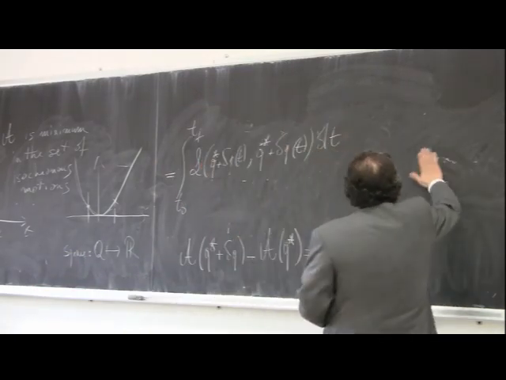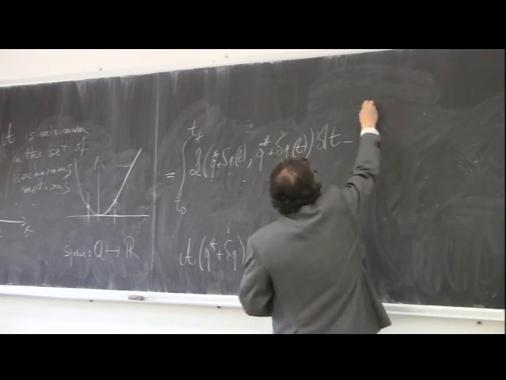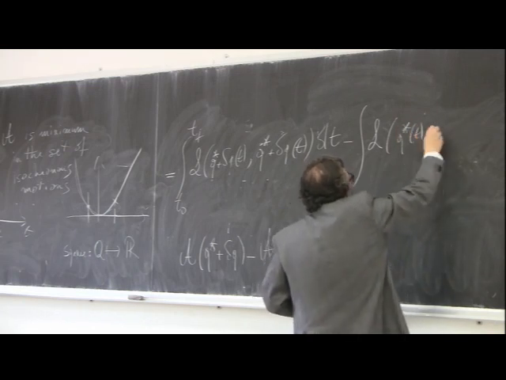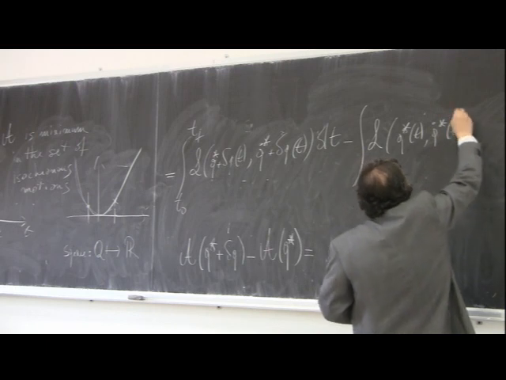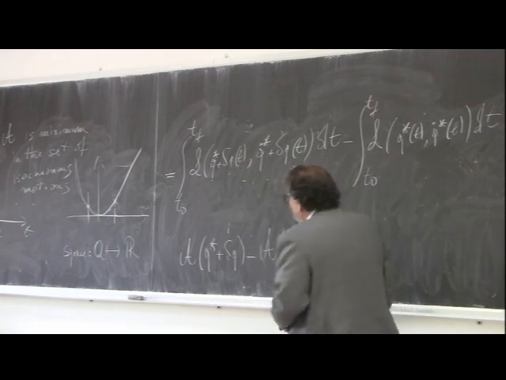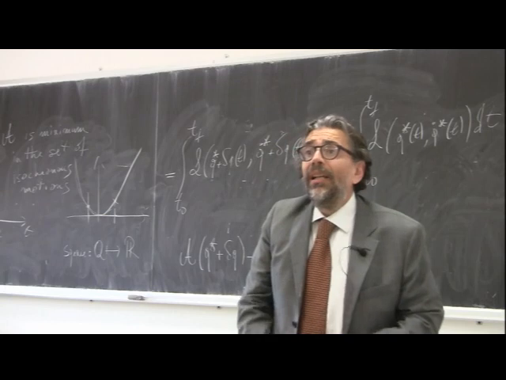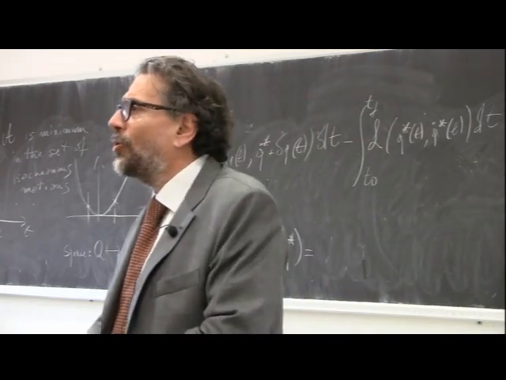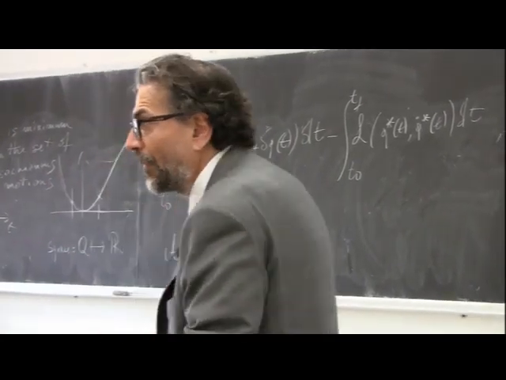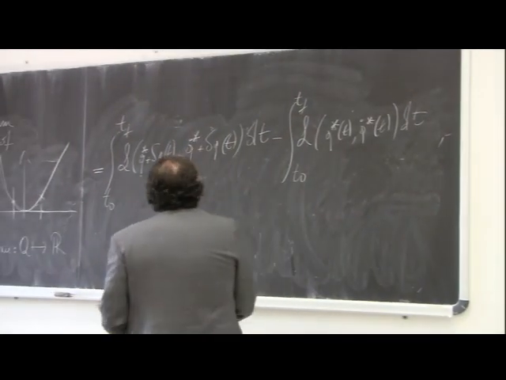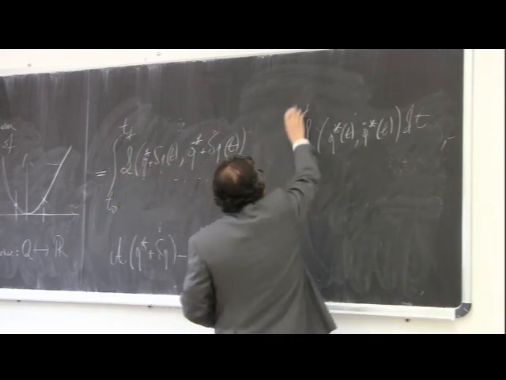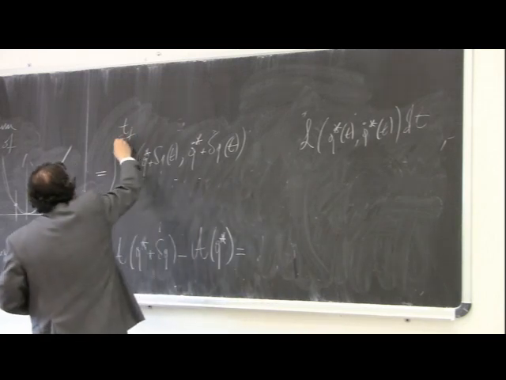Then I have minus the integral of L of q star of t, q dot star of t, dt, evaluated between T0 and Tf. Okay? Now, you are mathematicians, you know that the sum of integrals is the integral of the sum. I hope so. So, you allow me to write this way. Please rewrite this formula.